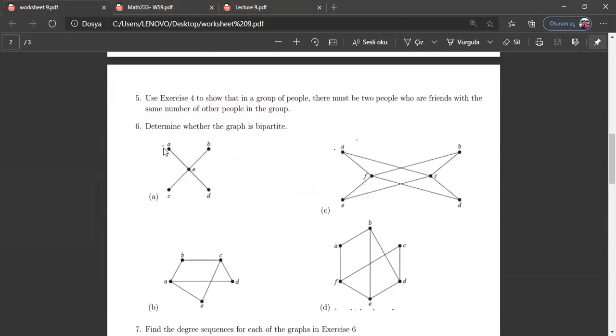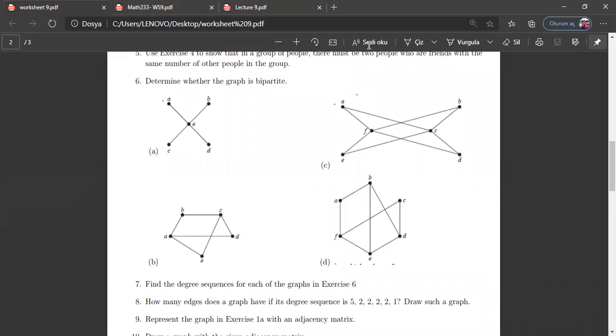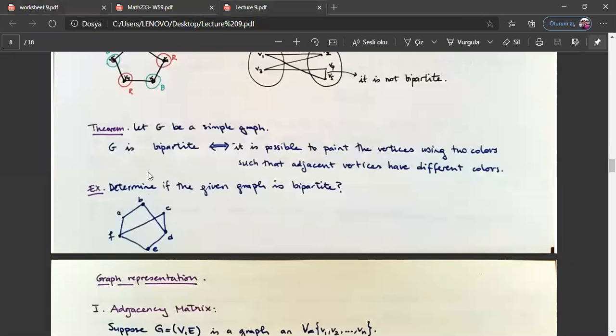Okay, so for this part we will decide if the given graph is bipartite. Let me recall a theorem from the lecture.